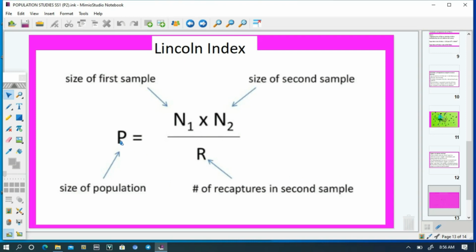Letter P is used to represent the size of population. Capital letter N1 is used to represent the size of first sample, and capital letter N2 is used to represent the size of second sample, while capital letter R is used to represent the number of recaptures in second sample.